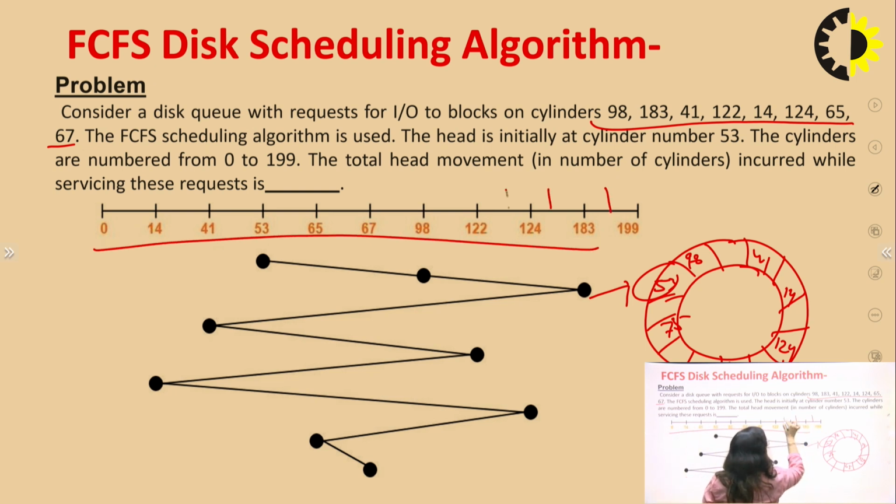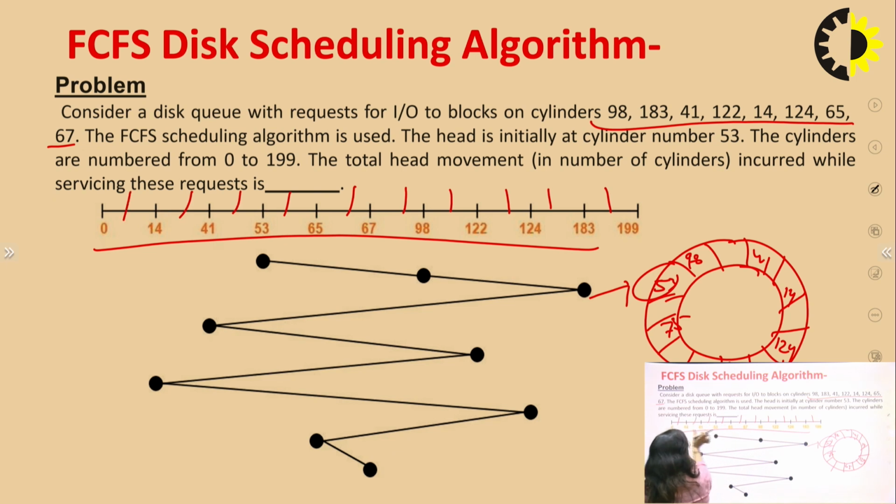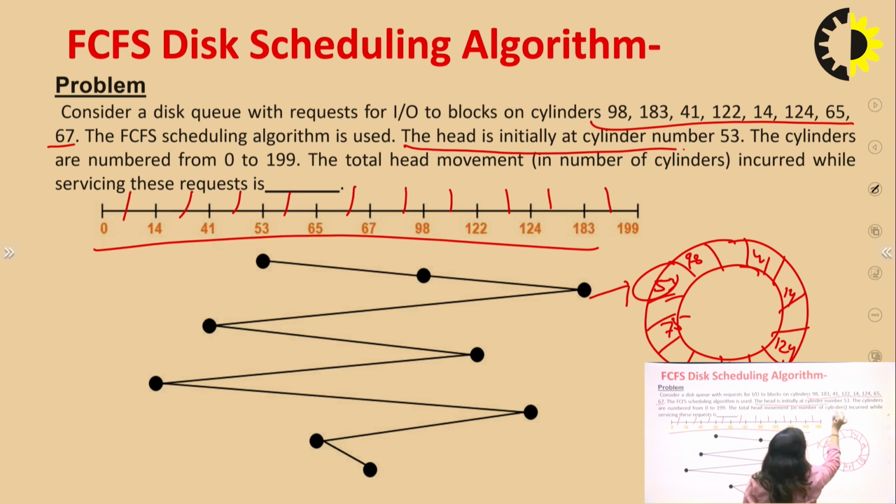These are the sectors, and each sector has a number. Initially the head is at cylinder number 53. In one track the cylinders are numbered 0 to 199, which means a total of 200 sectors in one track. So the first point is 0 and the last point is 199.